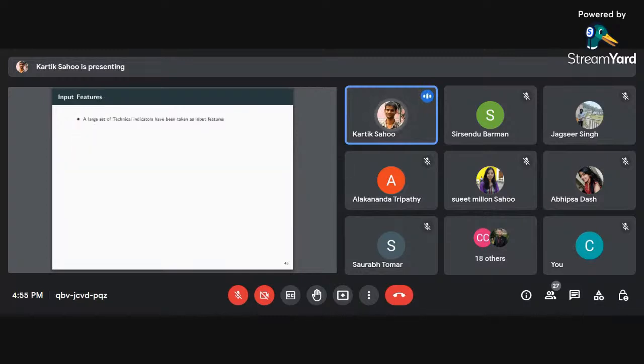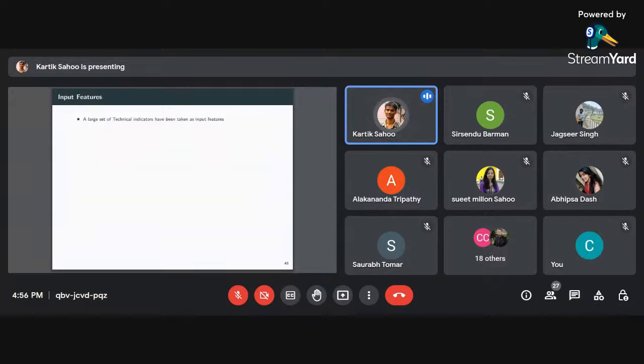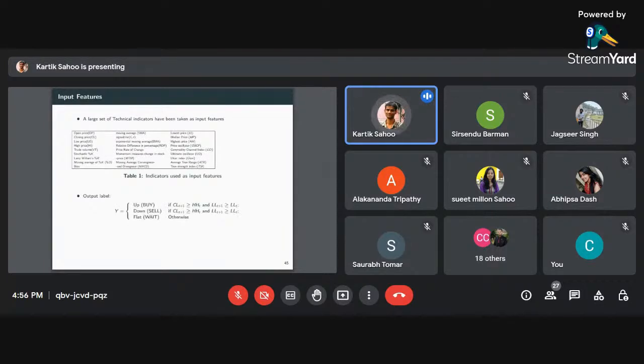To predict this trend or the price, we take technical indicators as our input features. Technical indicators are indicators that have been defined, like open, low, high price, which are related to the closing price, and moving averages, which follow the trend.